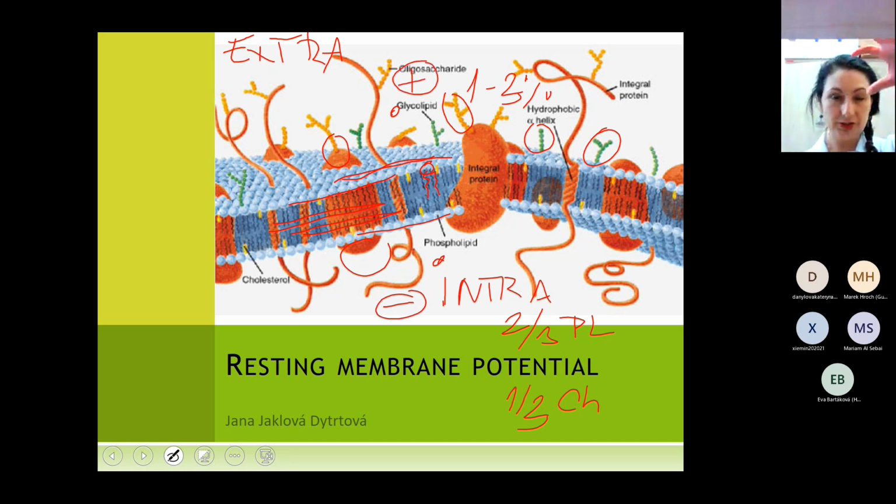Because the charges are separated on two sides, in between there is an insulator, and this is really an insulator because it is fatty acid, like a fat. If you would like to insulate something in electrical engineering, you put there plastic or fats. It's a good insulator. So these two charges are insulated and separated, and between them a potential is created.